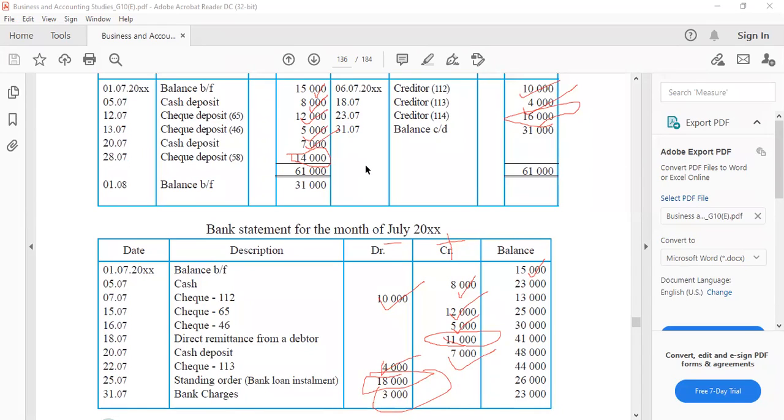So now we have circled some items. In the bank account, we have circled in the debit side 14,000, in the credit side 16,000. In the bank statement, in the debit side 18,000 and 3,000, in the credit side 11,000 rupees.